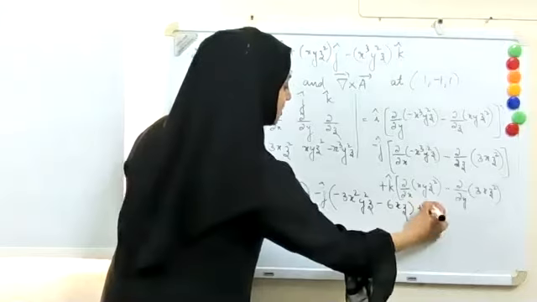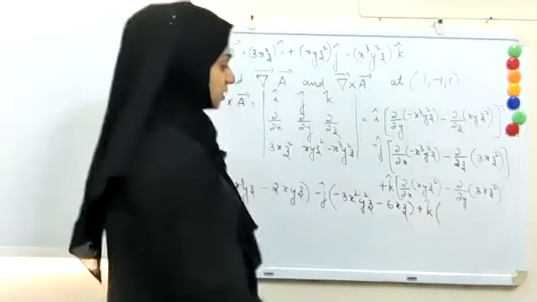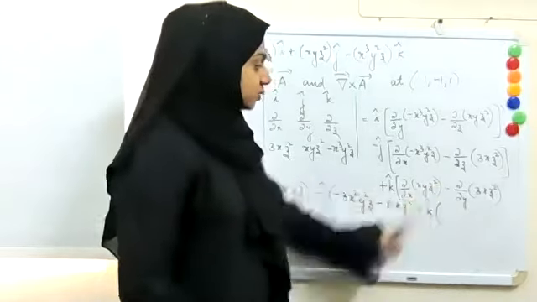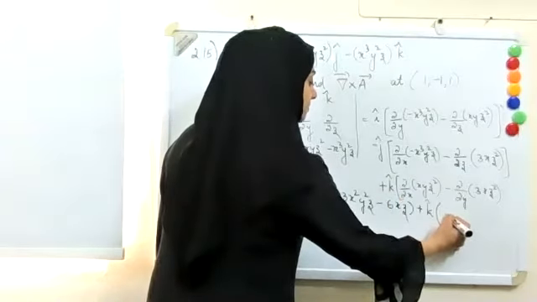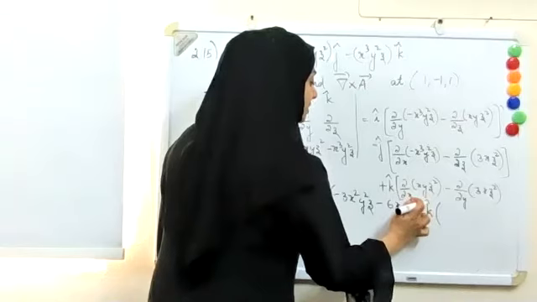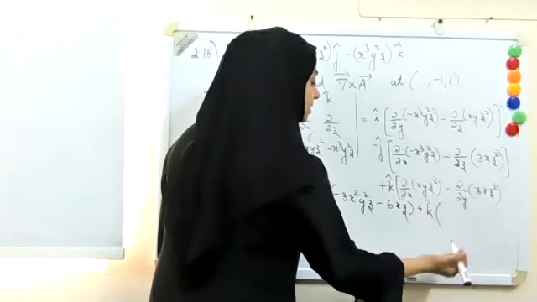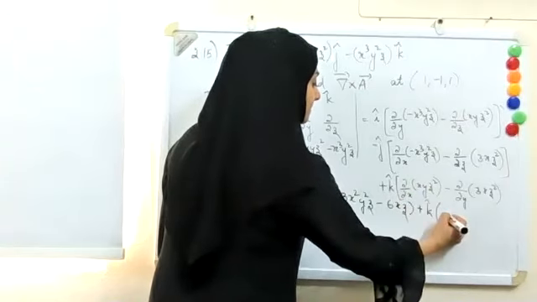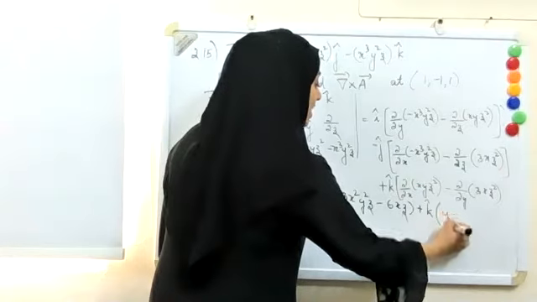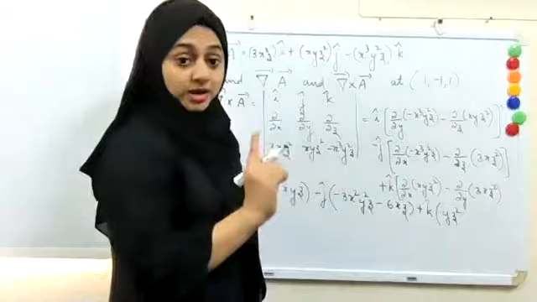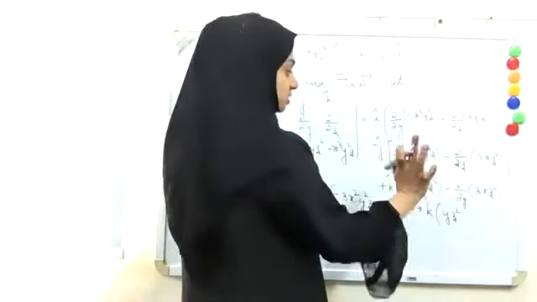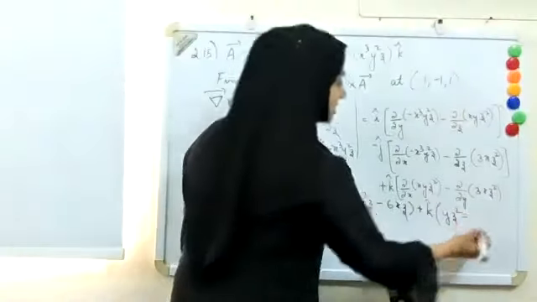Plus k cap times dou by dou x of this one, xyz square. What is dou by dou x of xyz square? yz square, since dou x by dou x is 1. So just yz square, minus.